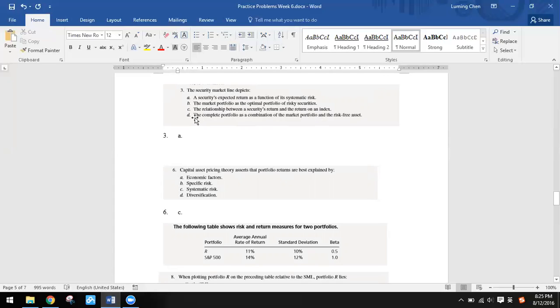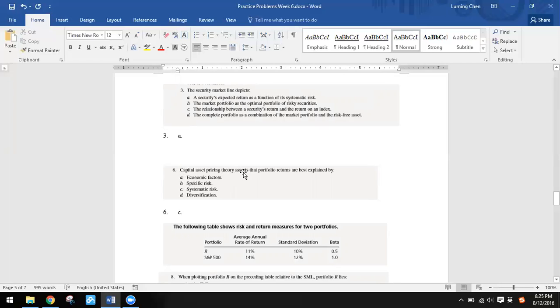This is false. D, the complete portfolio as a combination of the market portfolio and the risk-free asset. This is false. So for the security market line, the y-axis is the expected return, while the x-axis is its systematic risk, or the market risk, or the risk of the market portfolio.